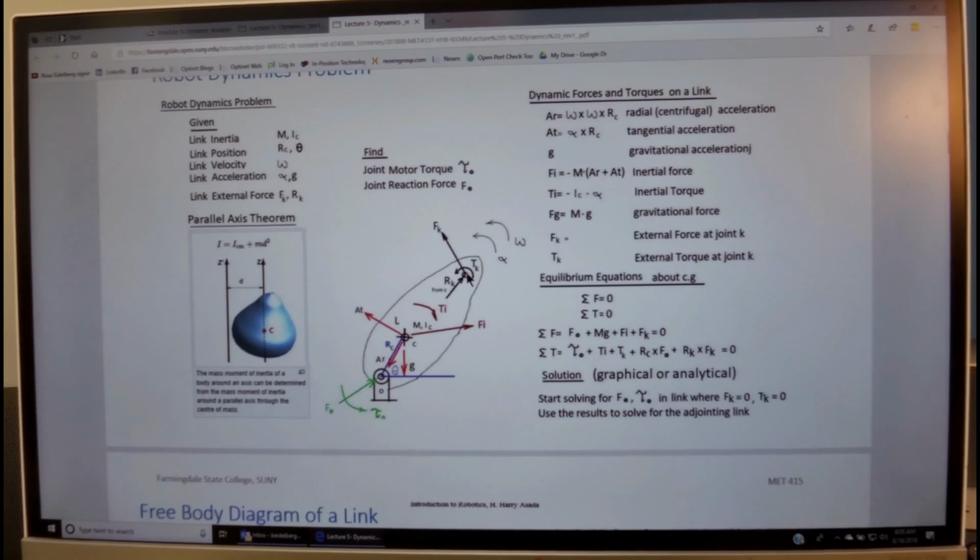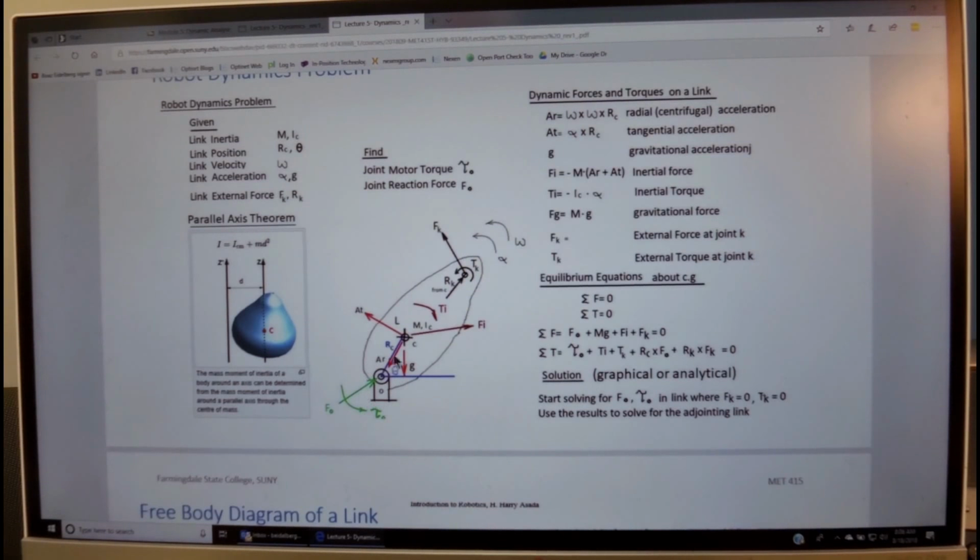One external force is the force that either the environment is acting on a link or the next link is acting on this link of interest, and this is Fk. And we also have the reference of the force of the base on the previous link acting on this link over here at this joint. We are interested in finding the torque at this point.